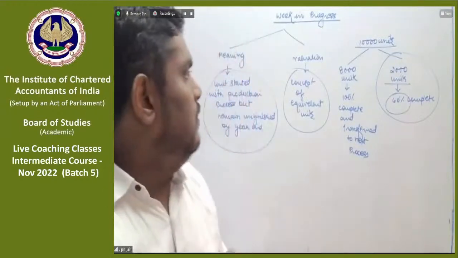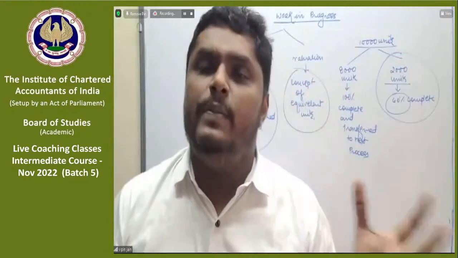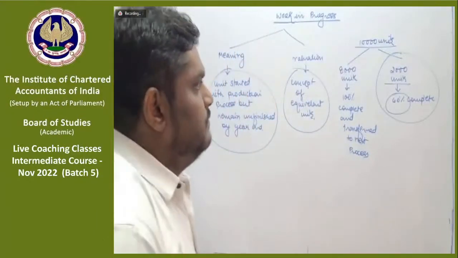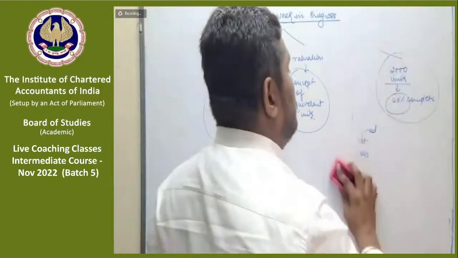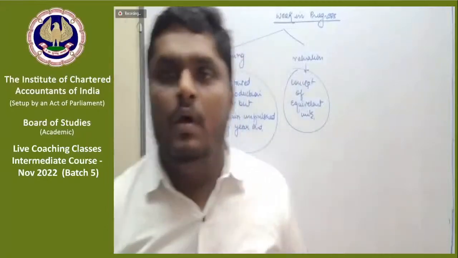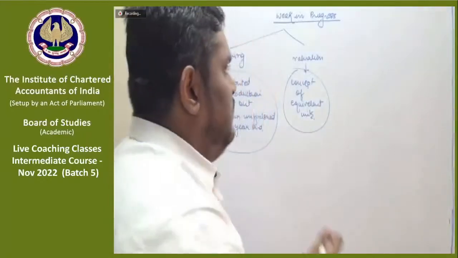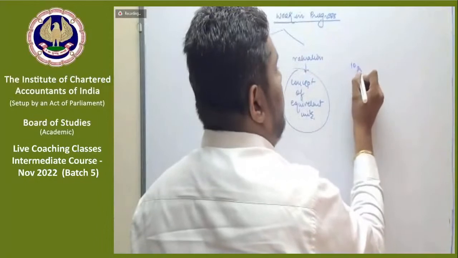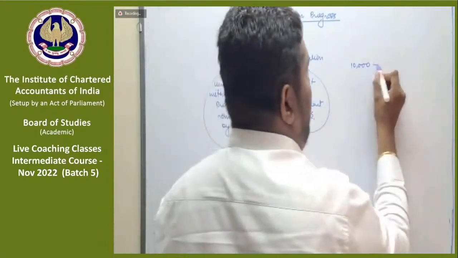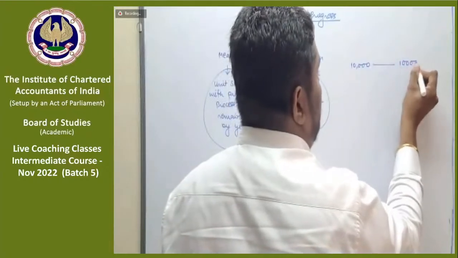So now, when talking about the valuation, we'll be discussing the concept of equivalent number of units. Now, let's say the input made was 10,000 units and the total cost that was incurred was 1 lakh.